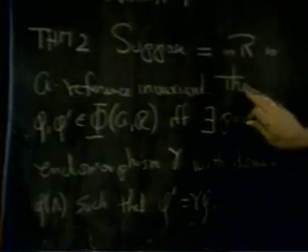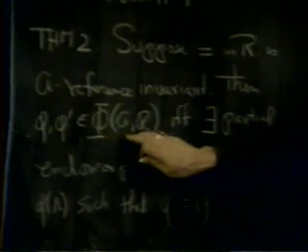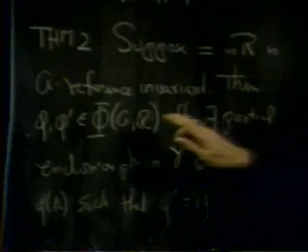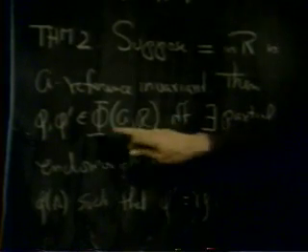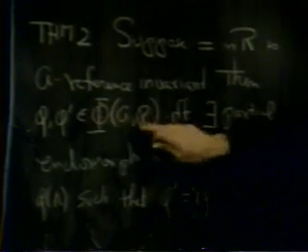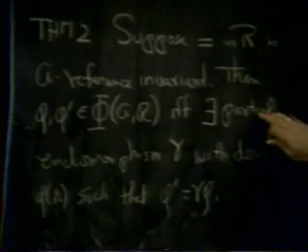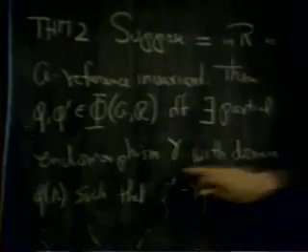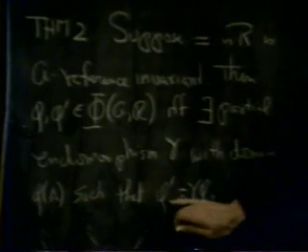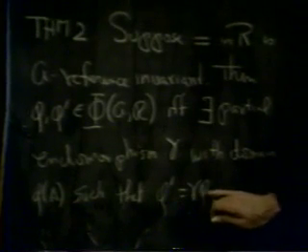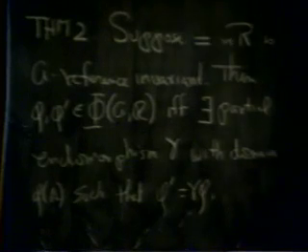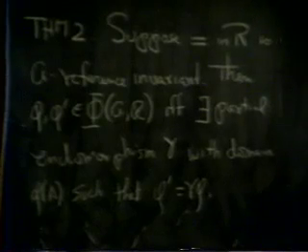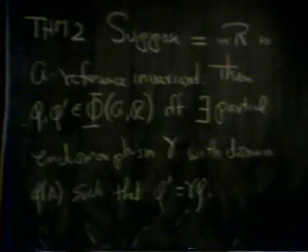Then I look at two homomorphisms from the qualitative space to the representational space, and the assertion is that phi and phi prime are two homomorphisms if and only if there is a partial endomorphism gamma with domain phi sub a such that phi prime is of the form phi with gamma applied to it, and gamma is defined just on the image of phi.